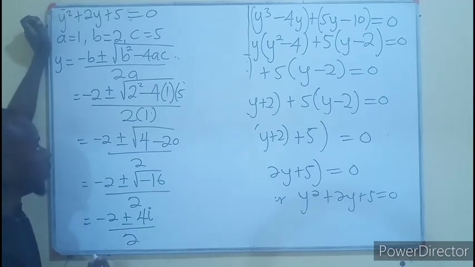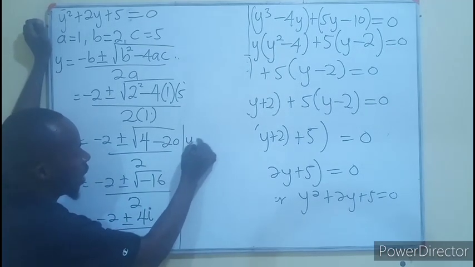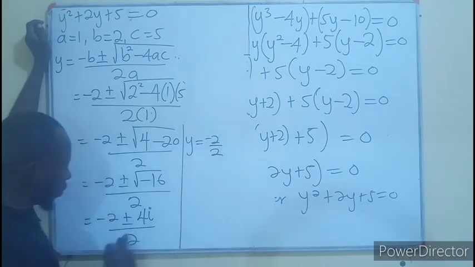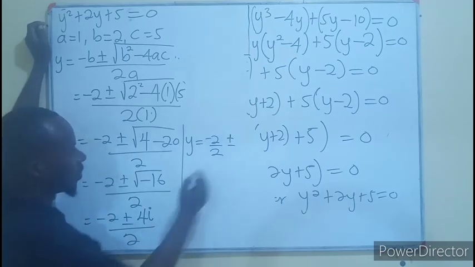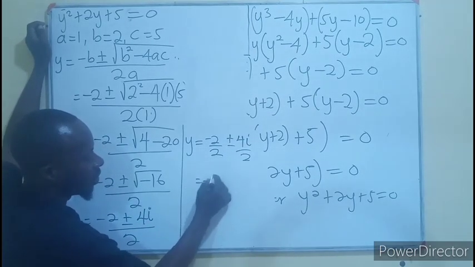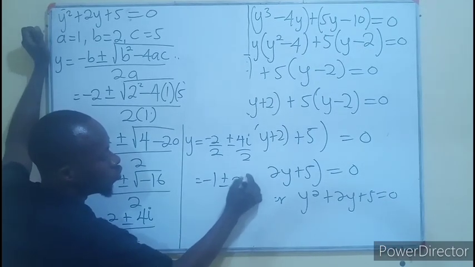Let's try to get the two values of y. So if I'm looking for the two values of y, it will be equals to minus 2 over 2, plus or minus 4i over 2, and that gives us minus 1 plus or minus 2i.